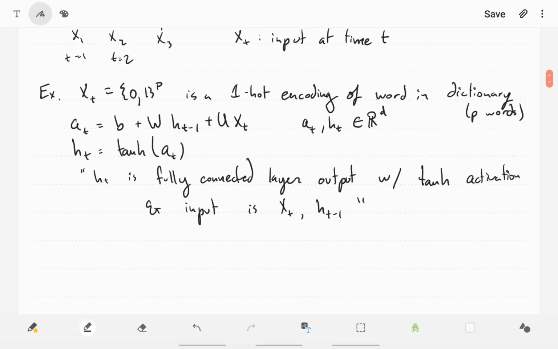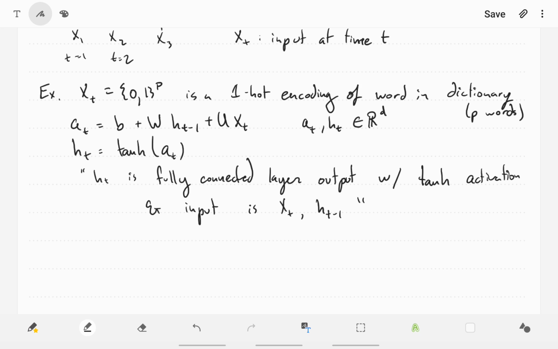Let's enumerate a couple more dimensions here. a and h are in R^d, so d is presumably smaller than p. p is extremely large, it's the number of words in our dictionary. d is our hidden state space.